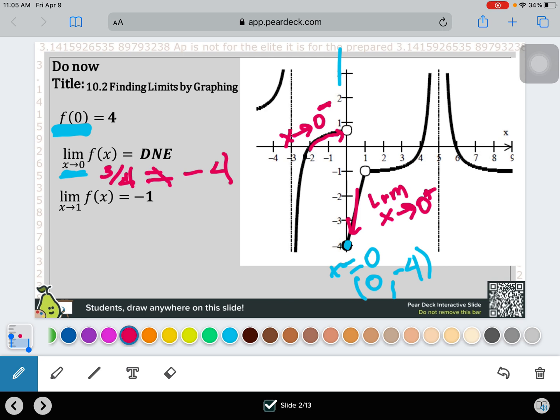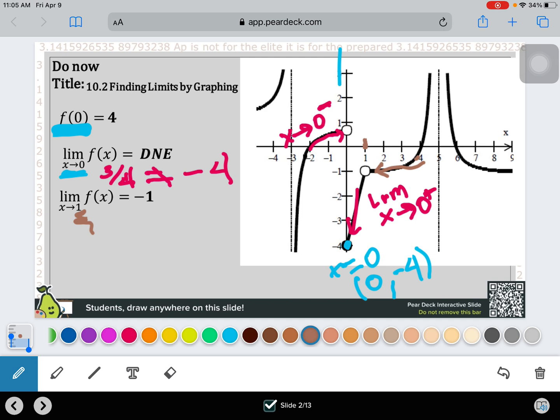Alrighty, let's go ahead and see this one. As the limit approaches 1 from both sides. So here's 1, right? And the graph from the right-hand side, you can see that it goes to this y value of -1.